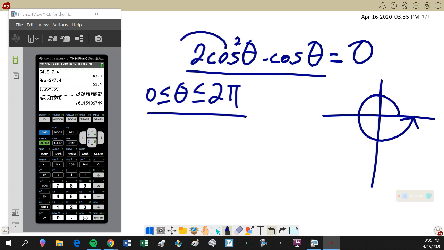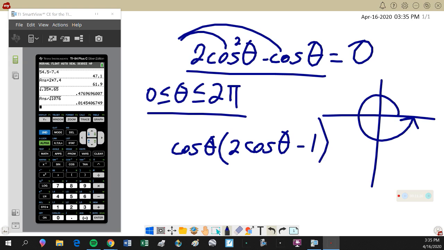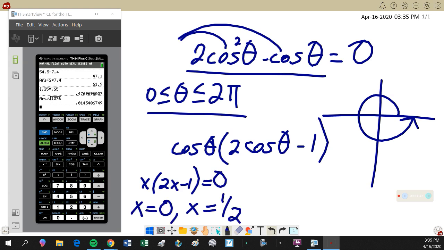So I'm going to factor out a cosine, and I get the cosine of theta times 2 cosine of theta minus 1. Well, let's just treat this like a quadratic: x times 2x minus 1. Well, when that equals 0, x is either 0 or x is 1/2.